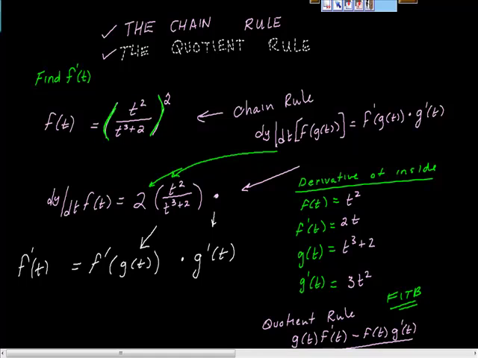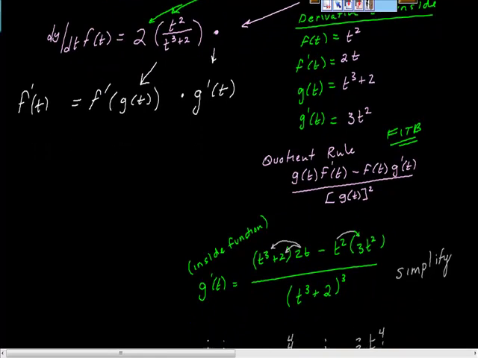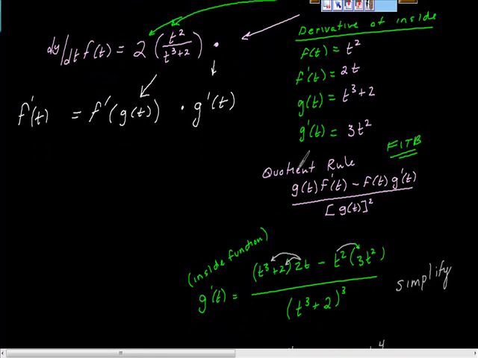Okay. And then from there, I'm just going to start trying to use the quotient rule here. The quotient rule, if you don't remember, is that dy dt of f of t over g of t is equal to this mess here.